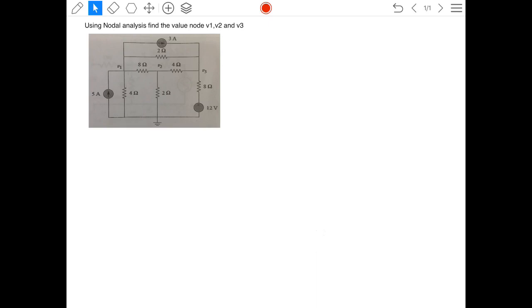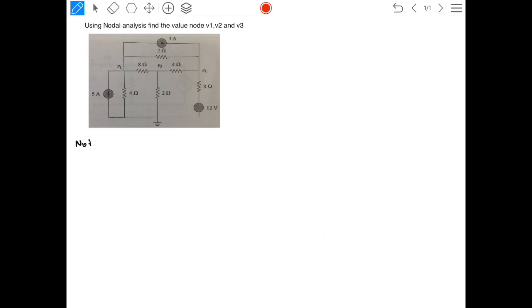These 3 points actually have the same potential, and that's the reason why it equals the value of V1. So by using nodal analysis, we can find the value of V1, V2, and V3 with respect to the ground. So let's build up the first equation for V1.